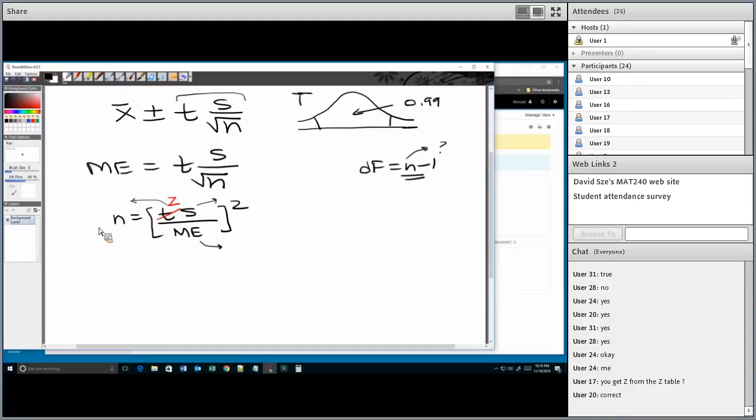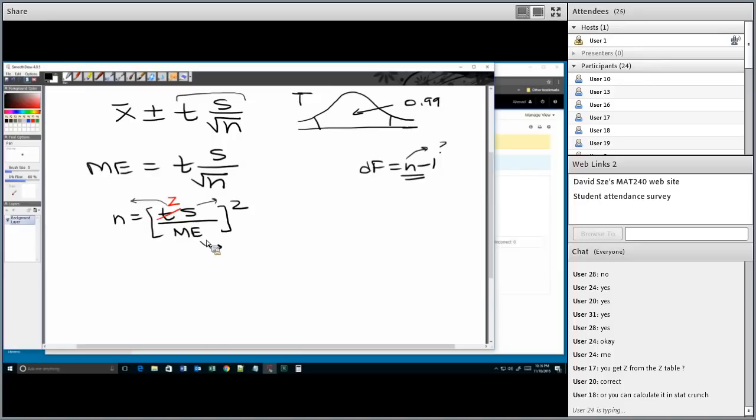And by the way, Vince, just to add to your understanding here, the whole concept of calculating n relies on the standard deviation of the distribution that you're targeting. Okay, you have to know something about the standard deviation.